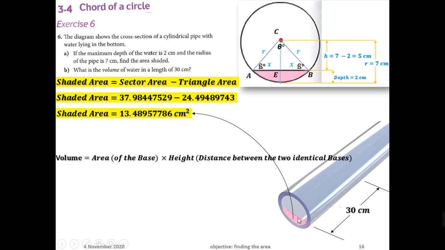We found the area of the base times the height, which means the distance between the two identical opposite bases. Because the water, it will go all the way throughout the 30 centimeter. So in the end of the 30 centimeter, you're going to have a typical face or base to this one.